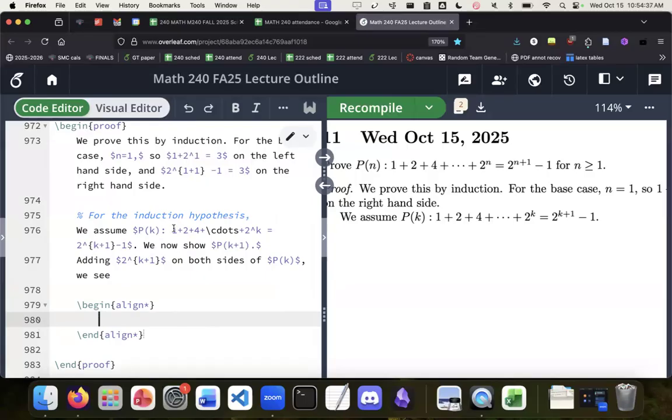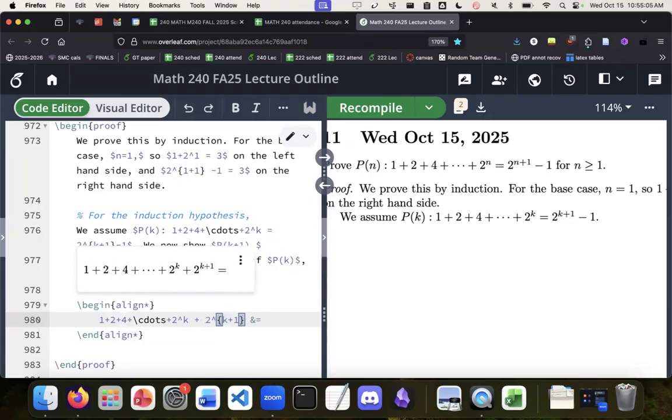And in the align environment, you can set where that alignment happens. And so typically when we're writing equations, we want to make it at the equal sign. So the equal signs will always line up. So we can say and equals, and then I need a 2 to the k plus 1 over here.